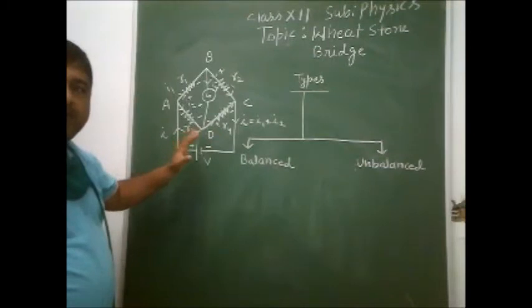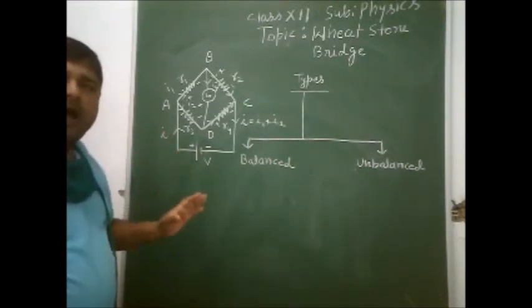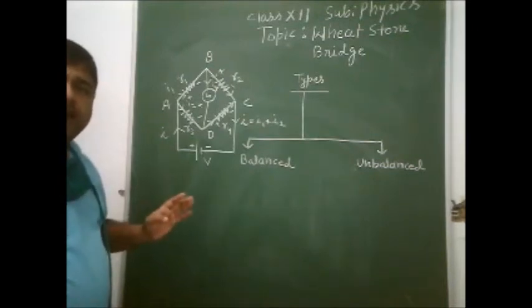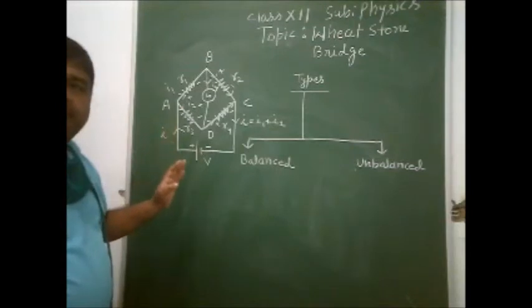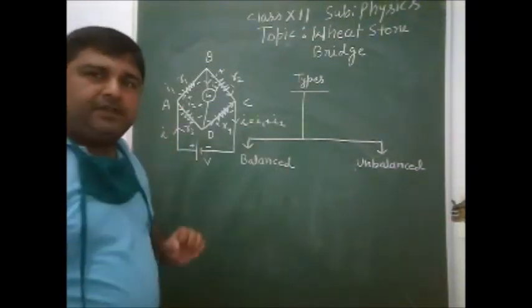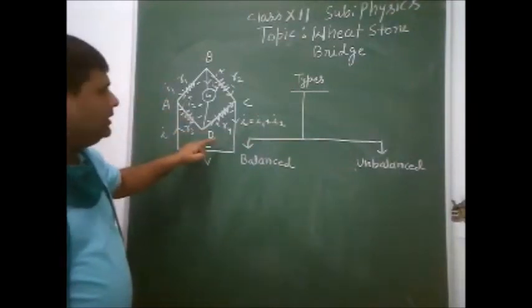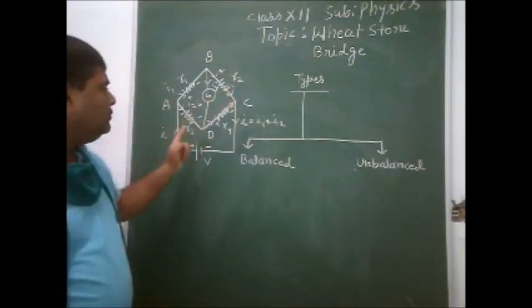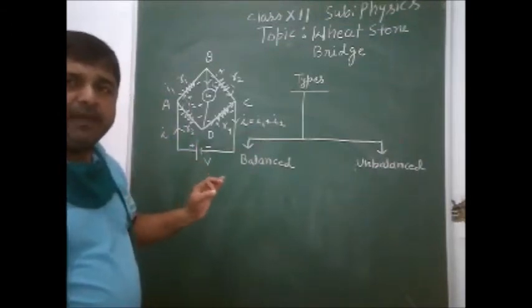In short, if the product of the resistors in the opposite arms are equal, we say my Wheatstone Bridge is balanced. It means if R1 R4 is equal to R2 R3, my bridge is balanced.